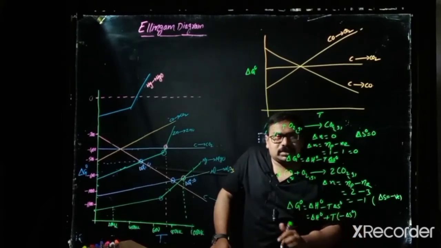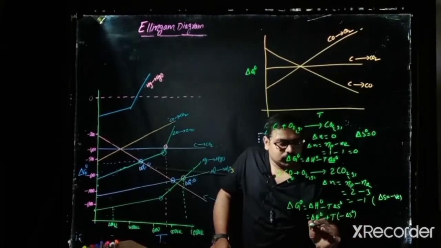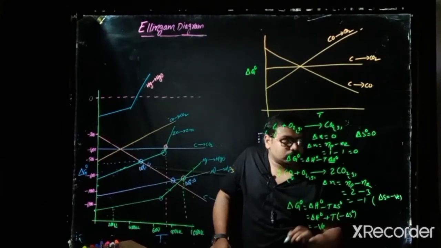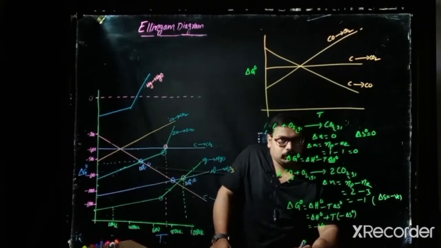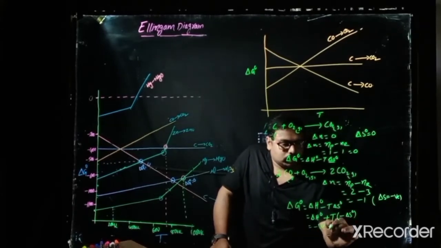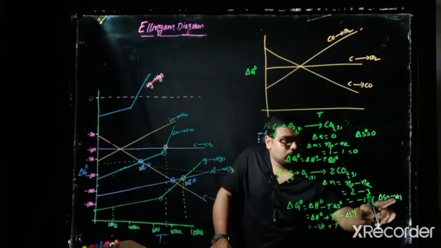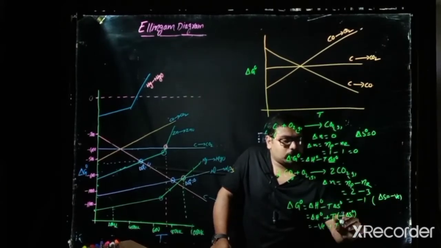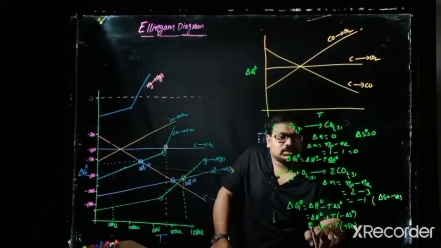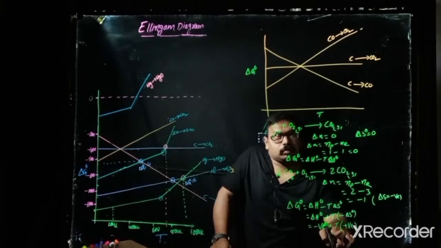So when temperature is increasing, T into delta S, minus into minus, is positive. At low temperature this term will be small, at high temperature this term will be more.